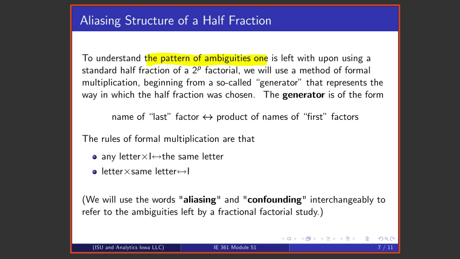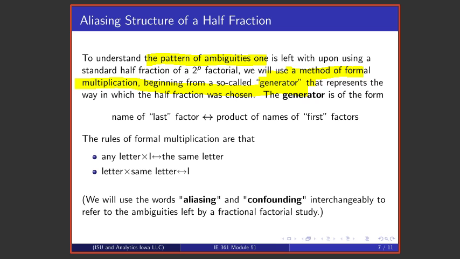The way that we're going to work that out is to use a very clever little method of formal multiplication, beginning from a so-called generator that represents the way in which the half fraction is chosen.